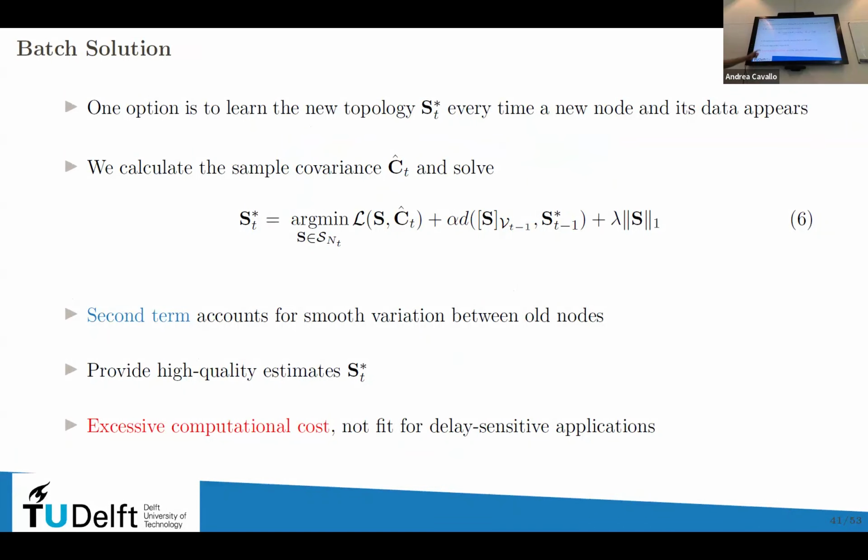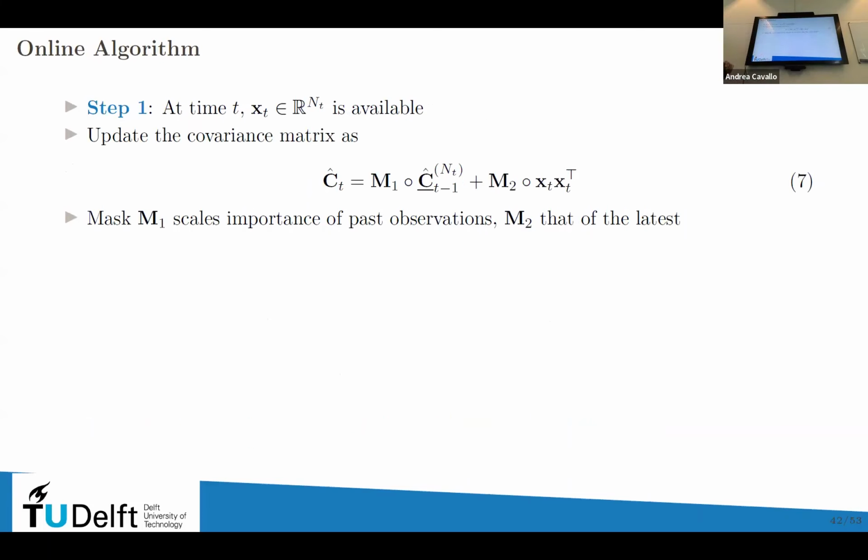Typically we can run this whole thing in a solver, and it's typically slow, but it does provide high quality estimates. However, it is not fit for delay sensitive applications, because then we may have another node coming in. So the main goal is, how do we make use of online learning to update our S in this case, basically, right?